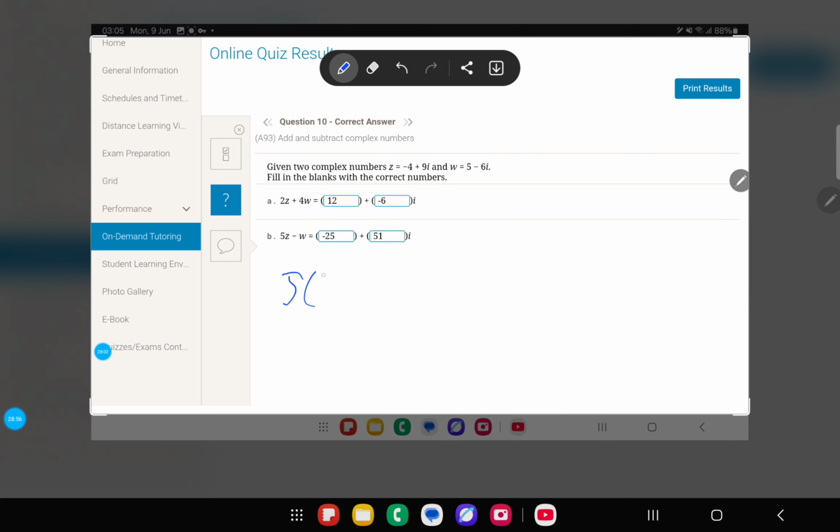5 times z, negative 4 plus 9i, minus w. You multiply it by negative, so you get negative 5 plus 6i. So you just distribute it here. You get negative 20 plus 45i minus 5 plus 6i.